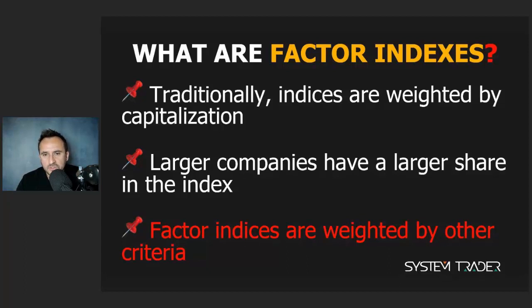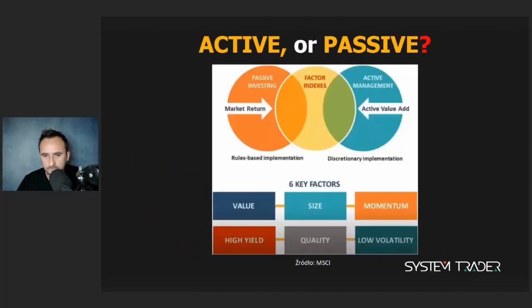And as I said, traditionally indices are weighted by market capitalization. So the bigger the company is, the bigger share it has in that index. Factor indices, on the other hand, are weighted by other criteria, not by capitalization.